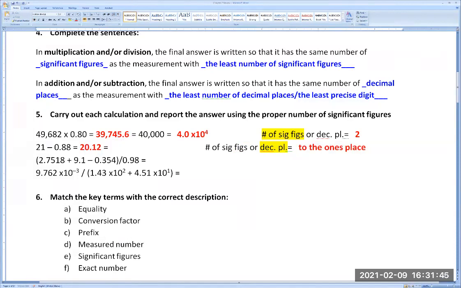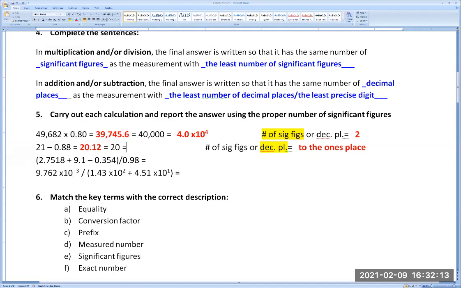So that means 20. What comes after the 0 is a 1. So you keep the 0 a 0, right? When you have a number below 5 that comes after the last number you keep, you round down. If it's 5 and above, you round up. So here we round down and we would stay like this, right?